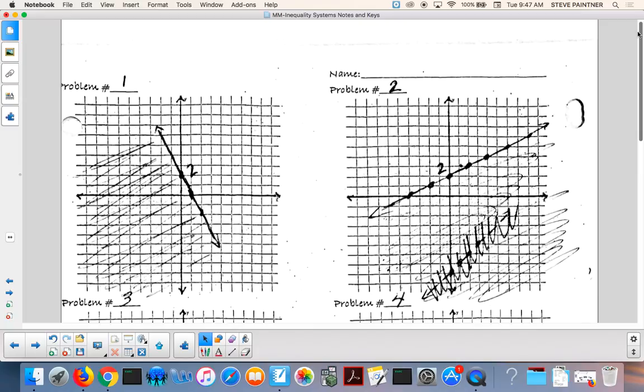It doesn't come off. Oh! Doesn't matter, does it? No, that's fine.